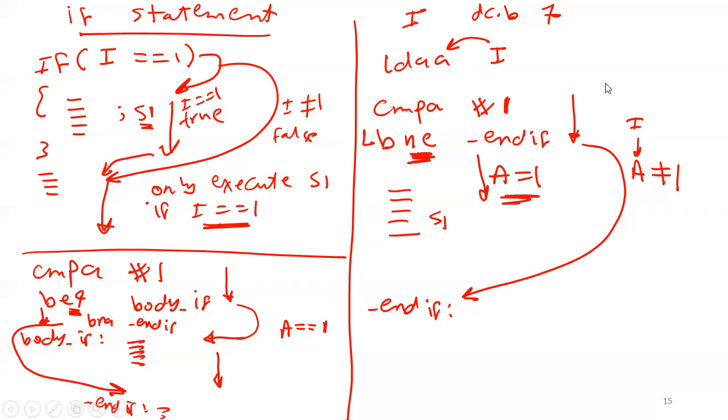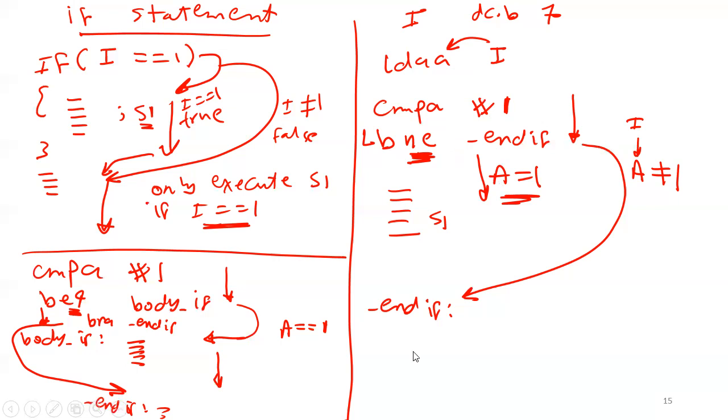That's why I read it and put it in register A. Then I compare it to 1. And then I use branch if not equal. So if A, which is I, does not equal 1, come here.